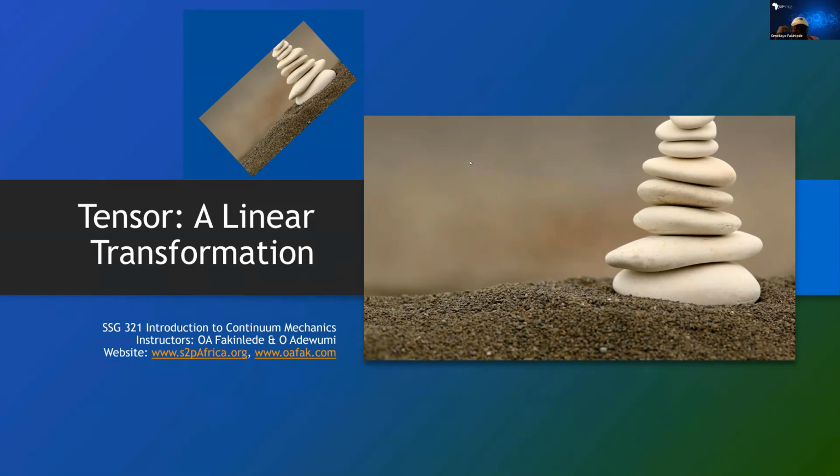When I bring a convex lens, it will distort the picture in a particular way. Do you agree? There will be some distortion. So that is another way. That's another transformation.